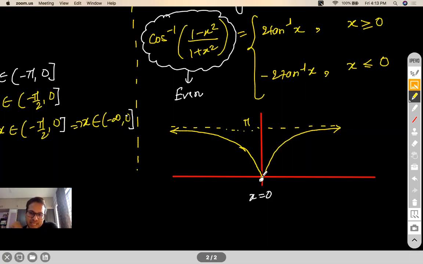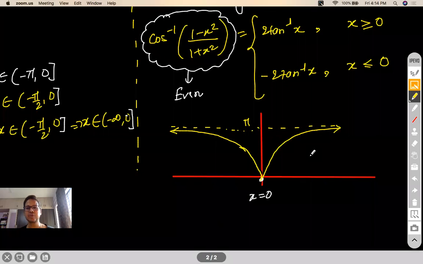Okay, so if you make a tangent over here like this, it will have a slope of 2, this will have a slope of minus 2. Okay, we will discuss differentiability under the continuity and differentiability chapter in a lot of detail, so don't worry about it. So this is the graph of cos inverse (1 minus x square) by (1 plus x square).